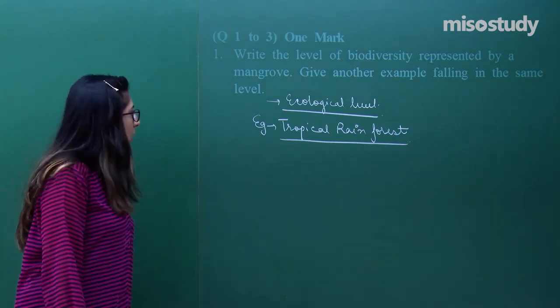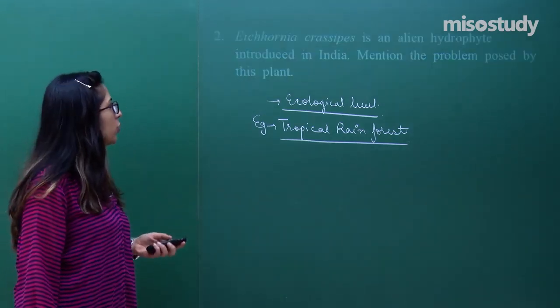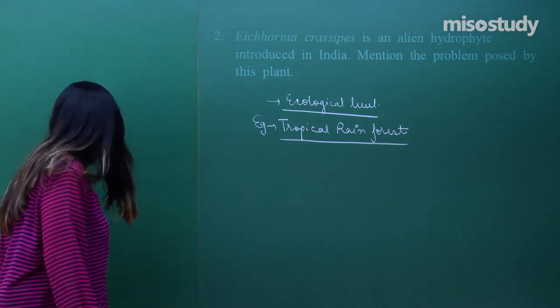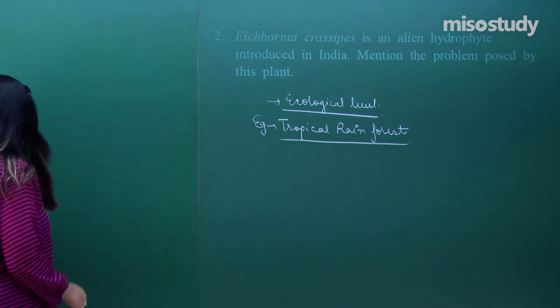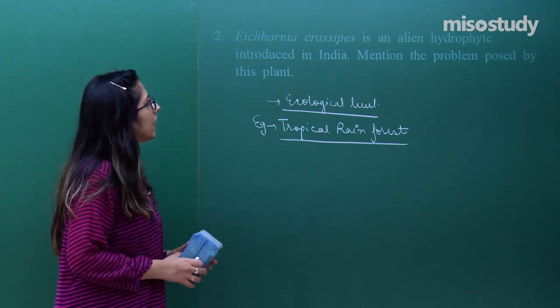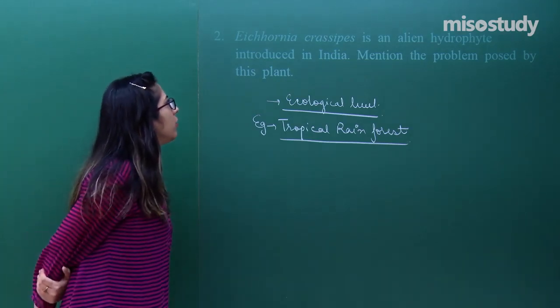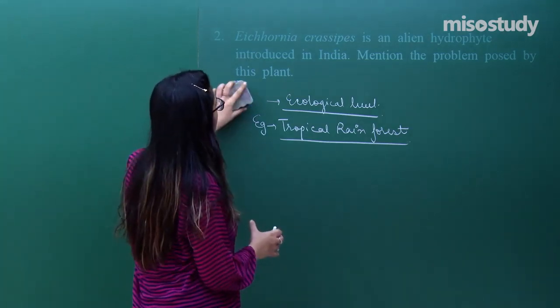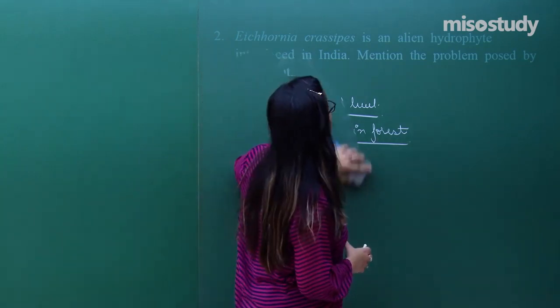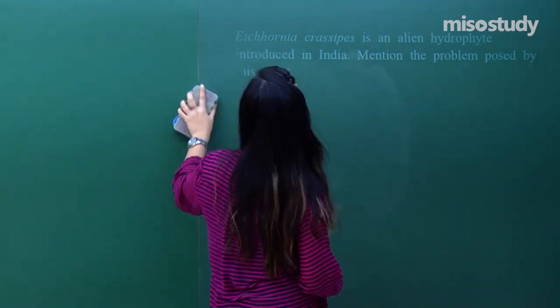Now, let's move to the next question. The next question is also for 1 mark. Eichhornia crassipes is an alien hydrophyte introduced in India. Mention the problem which is posed by this plant.